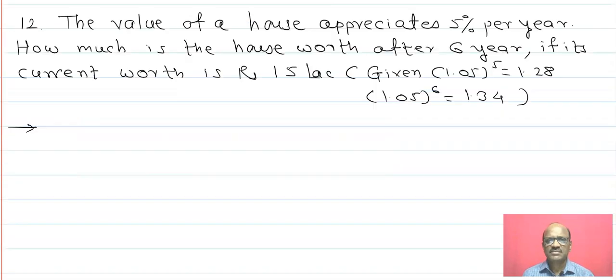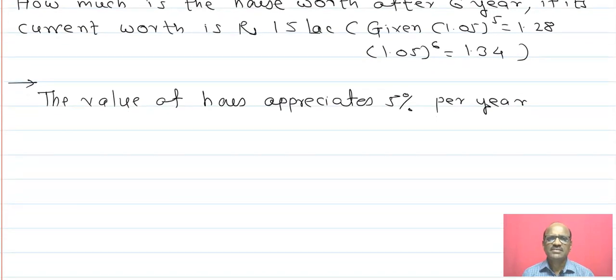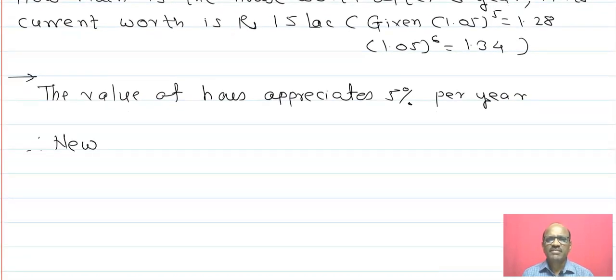Now the next: the value of a house appreciates 5% per year. How much is the house worth after 6 years if its current worth is rupees 15 lakhs? Given that some values are given. The value of the house appreciates 5% per year.